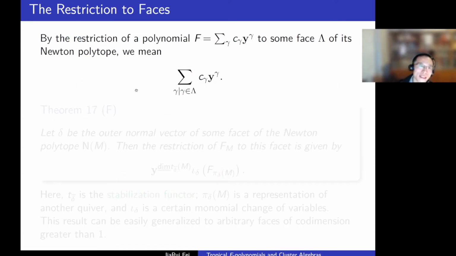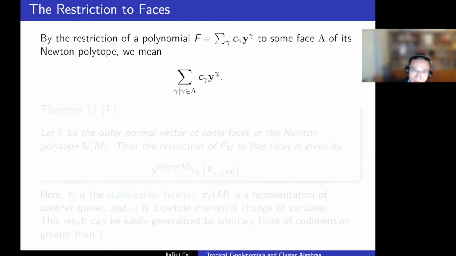The second one is about restriction, a very naive thing. You restrict a polynomial to particular faces or facets. You look at the degree on the particular face, then you just take a combination of all those coefficients. I mean, you restrict each monomial term to these faces.